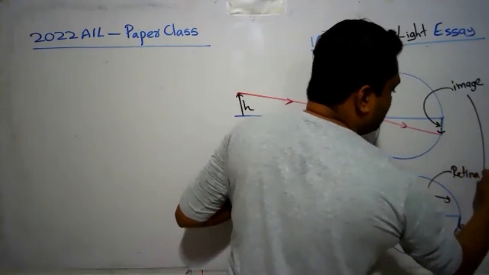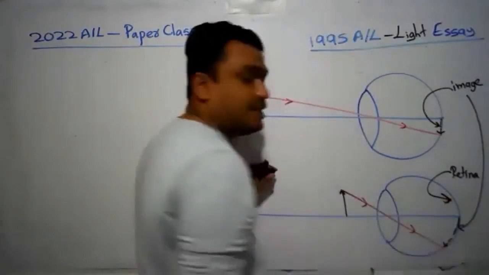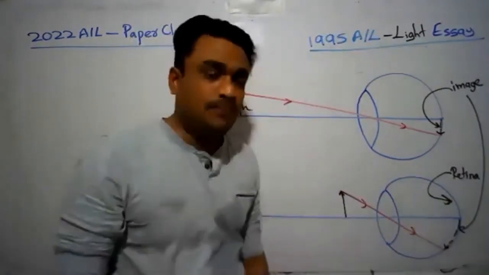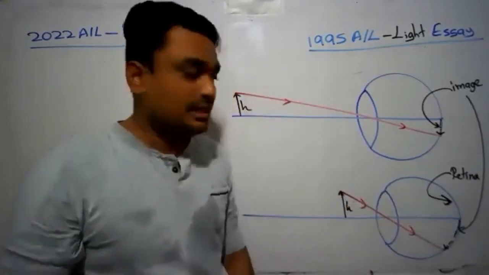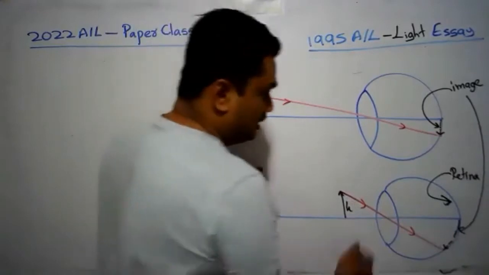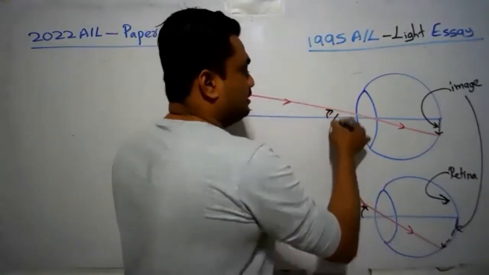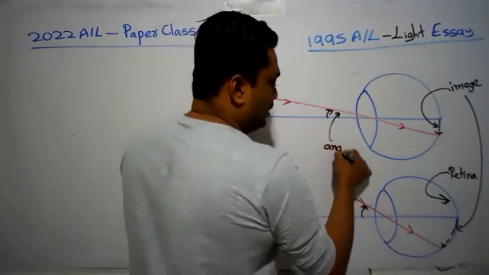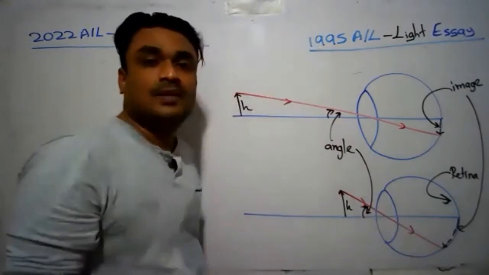So it means the size of the image formed on the retina does not depend on the size of the object. I have used the same object. It completely depends on this angle, the angle subtended on the eye by the object. Got it?